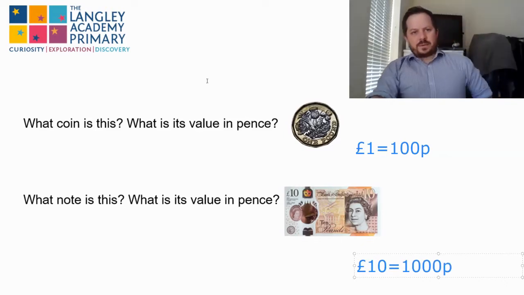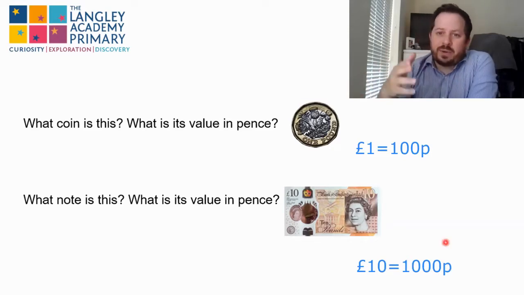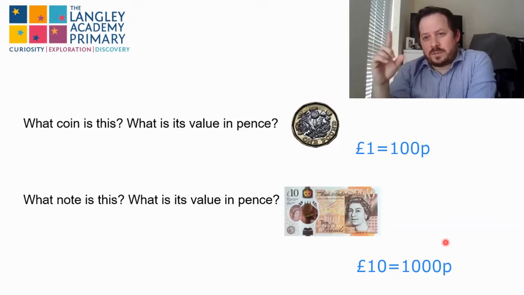And what you can see here, this is 1 times 100, which is 100, and this is 10 times 100, which is 1,000. So when we're converting between pence and pounds, the trick is to times or divide by 100.